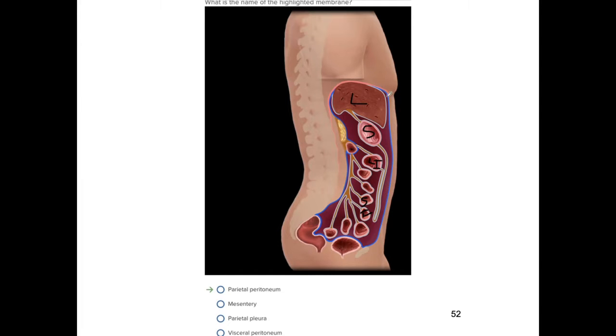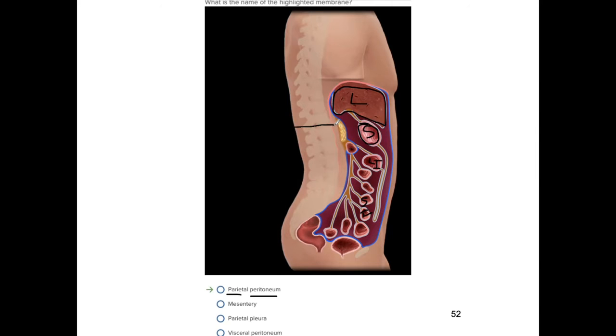So when we look at the blue line that's covering this entire cavity, all of it, this is called the parietal peritoneum. Visceral peritoneum would be if I'm talking about this, going around here, going around the liver. That would be a visceral peritoneum. Going around the stomach, visceral peritoneum. But surrounding all of those combined is the parietal peritoneum.